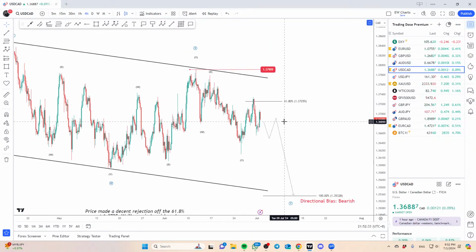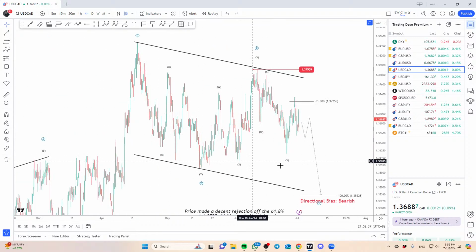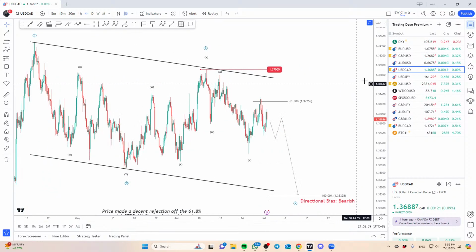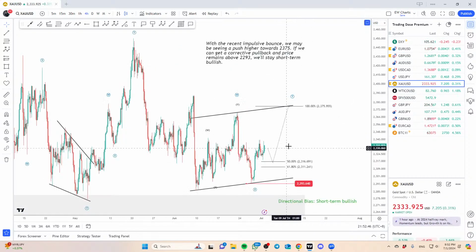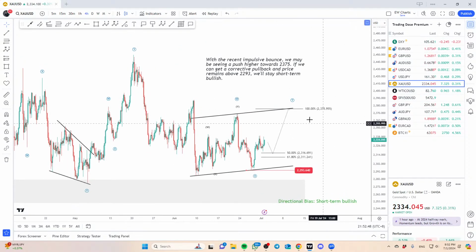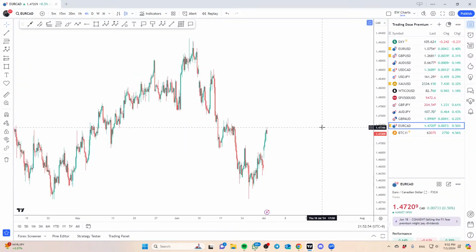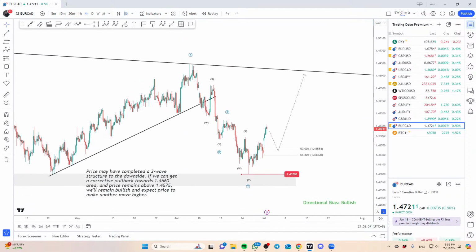Yeah, so overall, if you look at it from a bigger time frame perspective, it's still in the consolidation, right? It's still in the major consolidation. But at least for the short term, there is that slight opportunity we can keep an eye on, including gold. We are still in a massive consolidation here, you can see. But short term, we can still have that opportunity available. Cool.